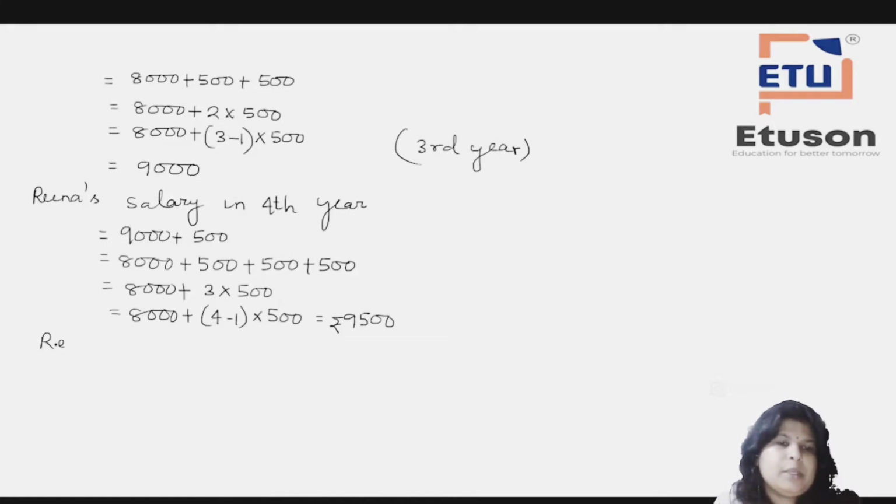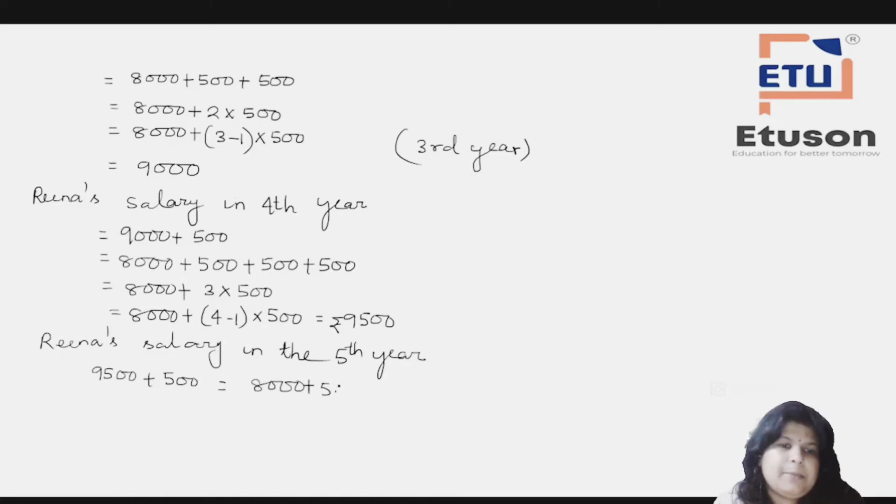Now, Rina's salary in the 5th year. So that is equal to how much? Again 9,500 plus 500, which is again equal to 8,000 plus 500 plus 500 plus 500 plus 500. Correct or not?